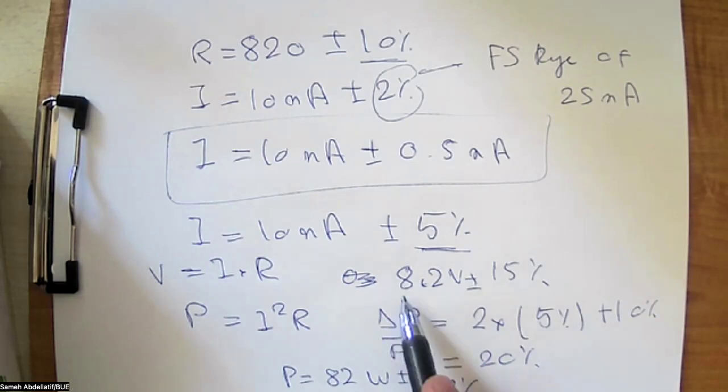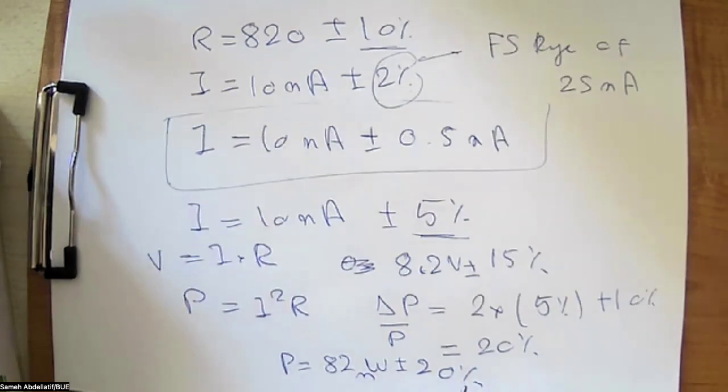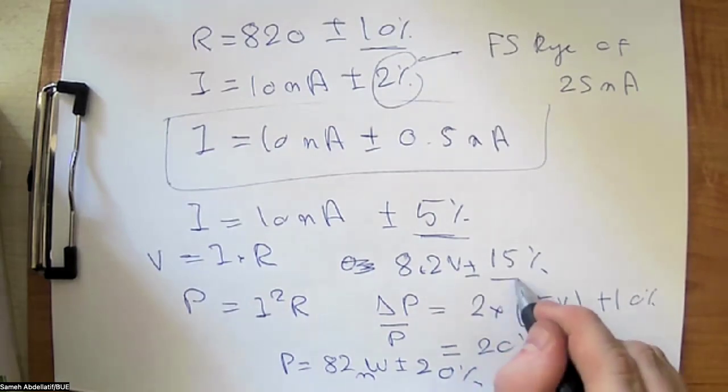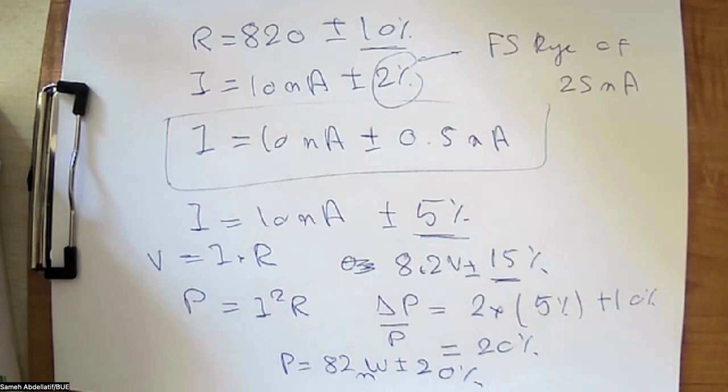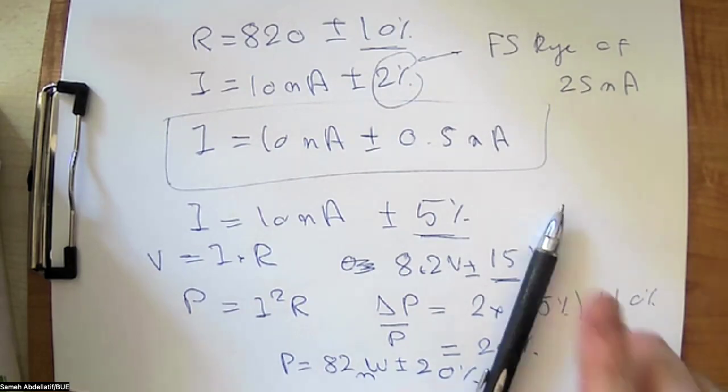And then this 8.2 volts multiplied by 10 milli ends up with 82 milliwatt. So this is 82 milliwatt plus minus 20%. This is 20%, the maximum error in the power, and 15%, which is the maximum error in the voltage. Okay, that's great.